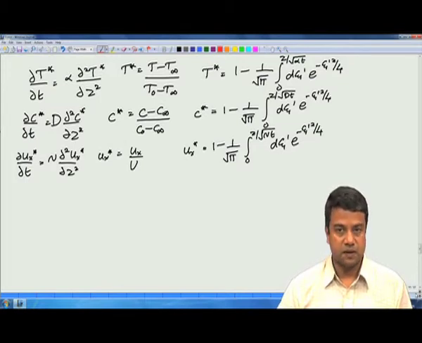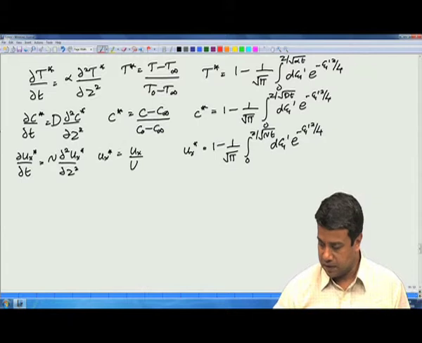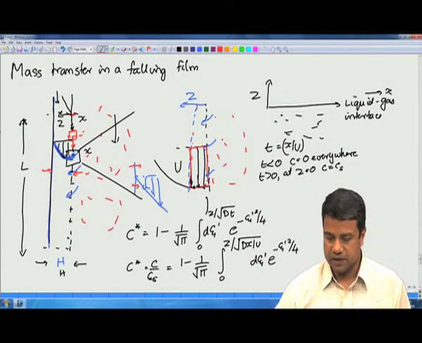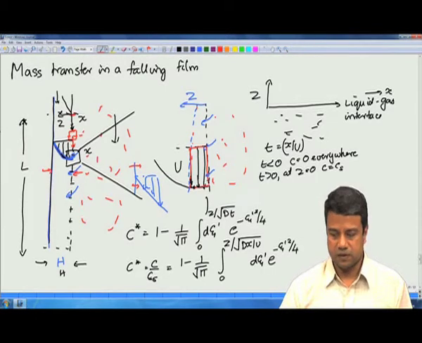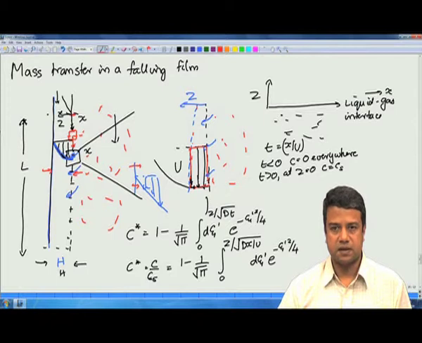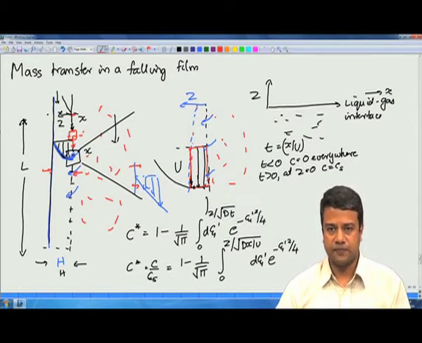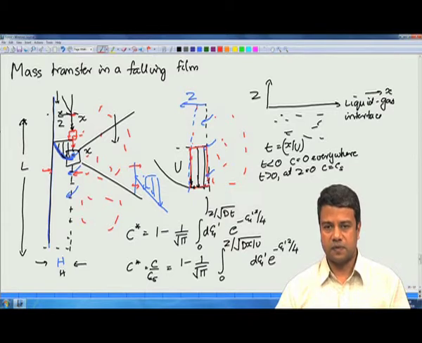This might seem a rather idealized problem, but I had actually shown you an application where we can use this to get a correlation, and that was mass transfer from a falling film. In this case, rather than looking at the evolution in time, I look at the evolution for a parcel of fluid as it is translating downwards.